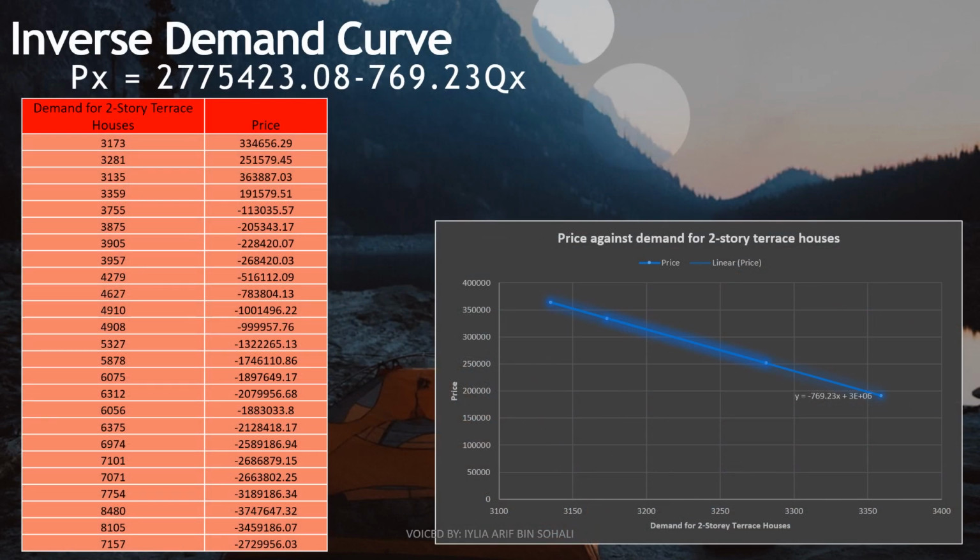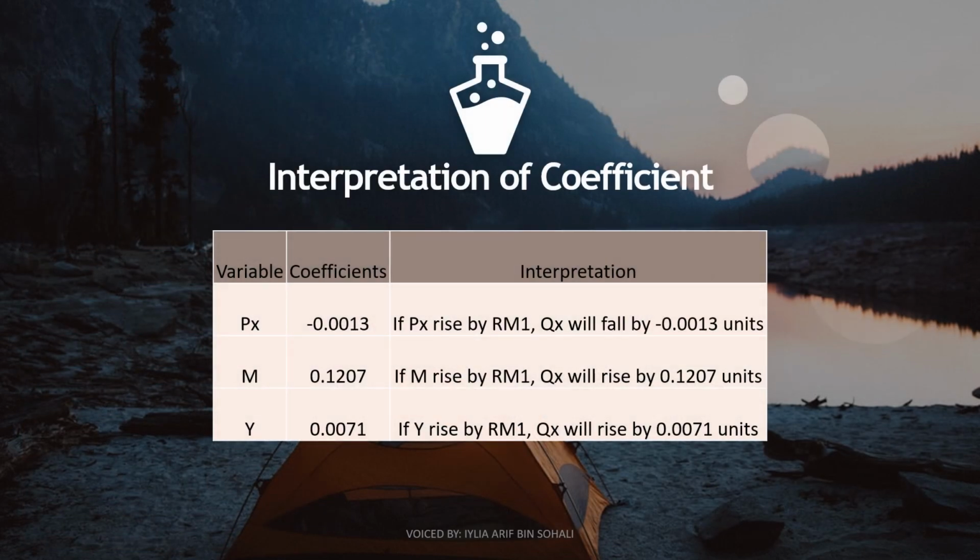So, as we can see below, there are tabulated data for inverse demand curve function along with a curve of inverse demand.